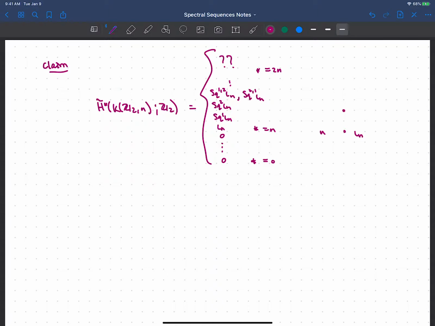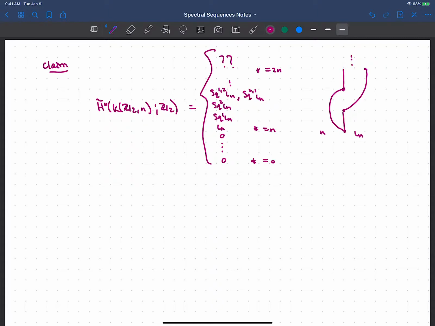In degree n plus 1, I should have square 1 on that class. I should have a square 2 on that class. I should have square 1, square 2. I guess it's going to land me up here, and so on. Okay, so let me leave it as an exercise to draw the beginning of that free module over the Steenrod algebra.